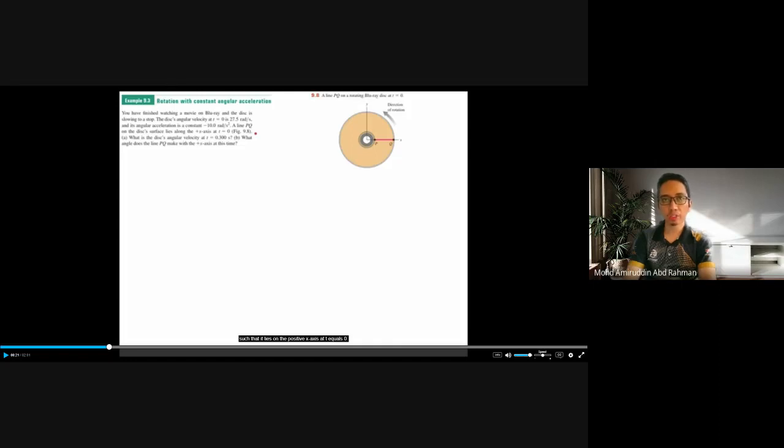So the first question is, what is the angular velocity at t equals 0.3? Now you have it at t equals 0, so what is it at t equals 0.3? It moved a little bit. So how do we solve that? We use the equation that we just learned.